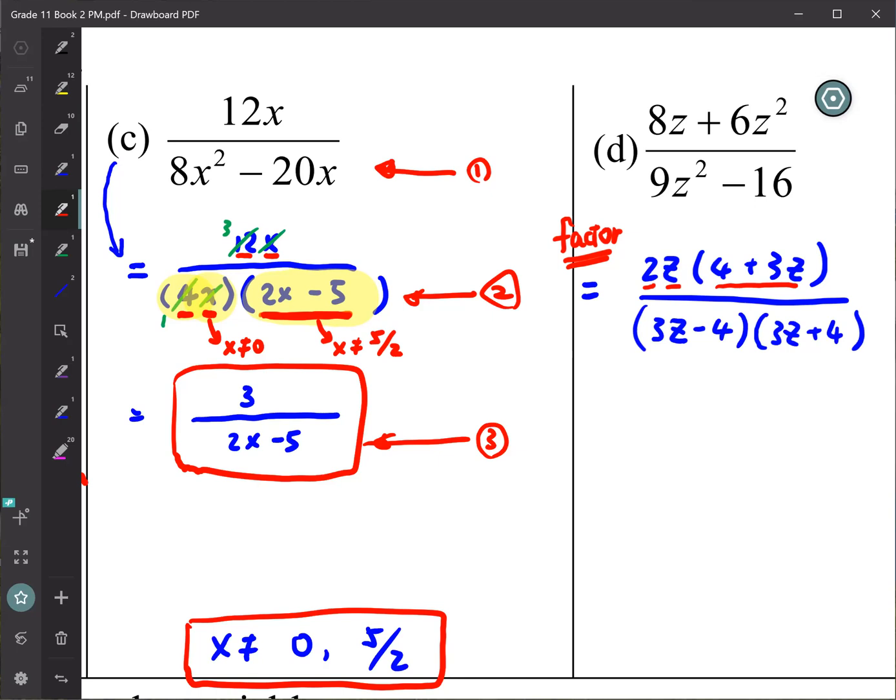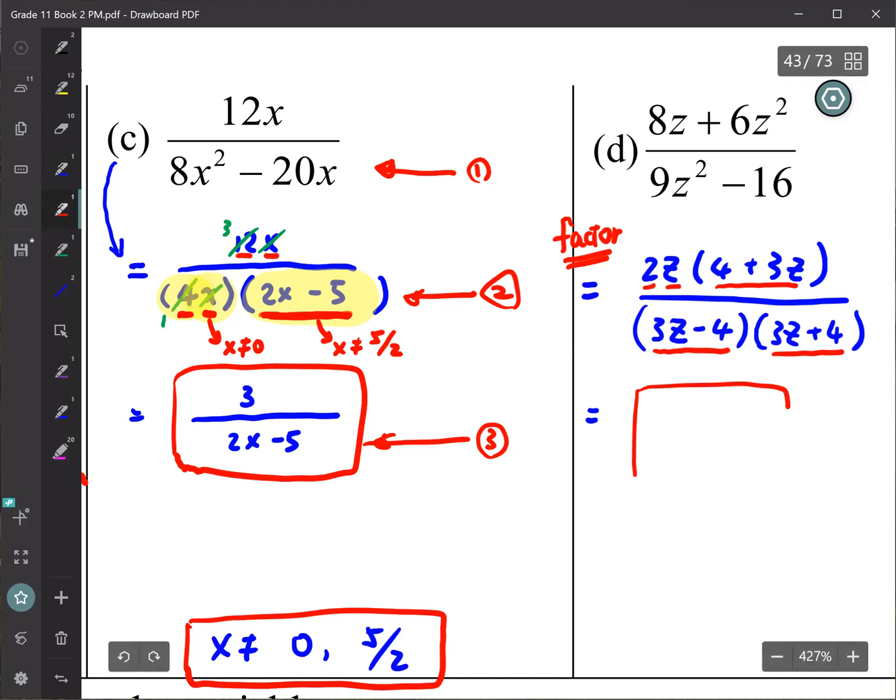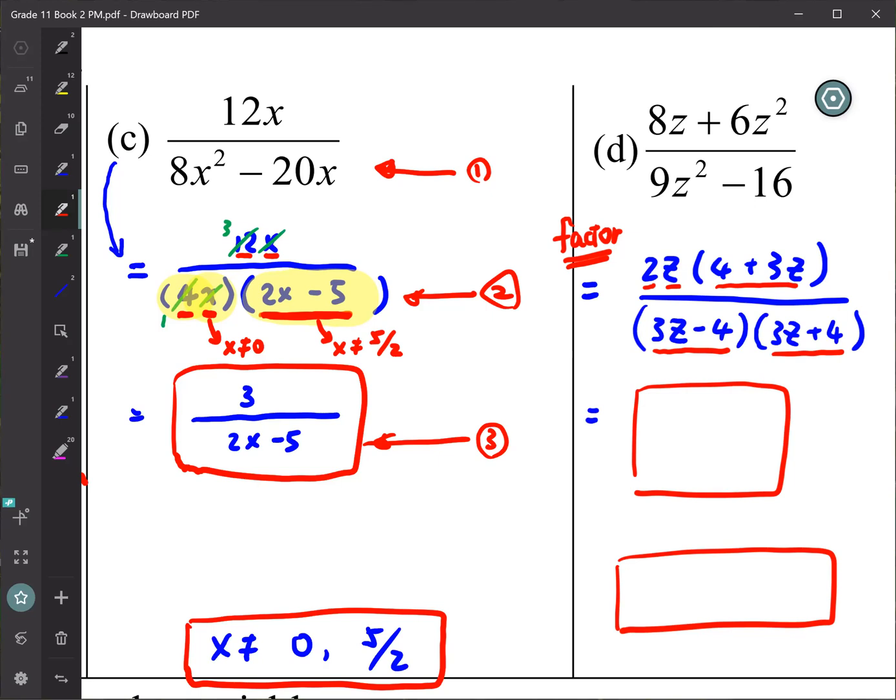So the top has 3 factors, the bottom has 2 factors, and you can start to do canceling. Okay, so I'll let you complete the rest. Write down the final expression and also write out the restrictions. Please raise your hand if you finish the final 2 things.